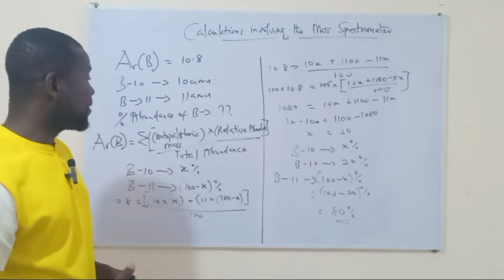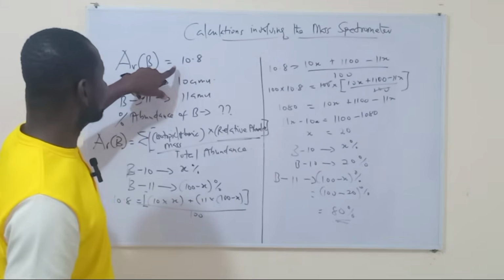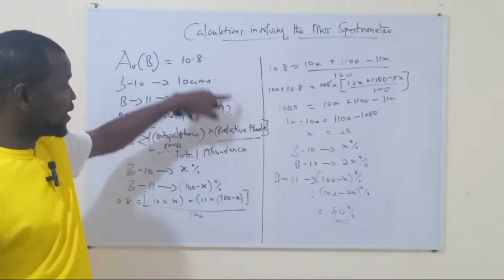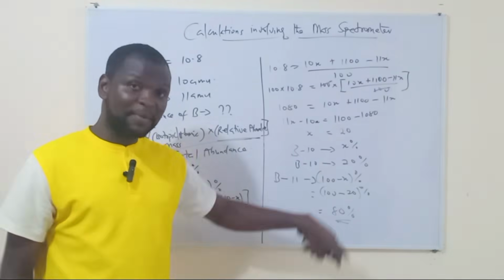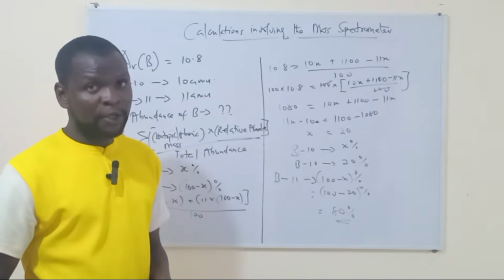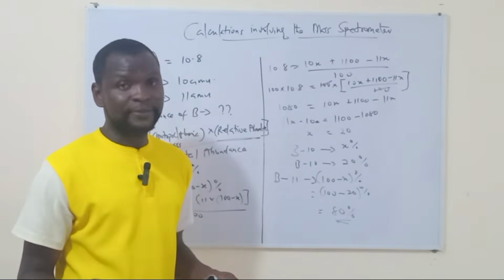So our percentage abundance of boron, which has a relative atomic mass of 10.8, is 20% for boron 10 and 80% for boron 11. This is how we calculate the percentage abundance of the isotopes of boron.